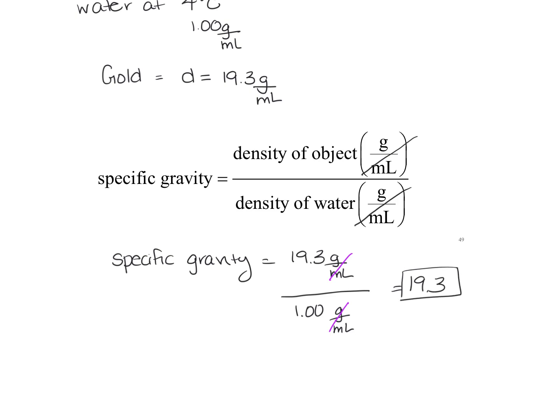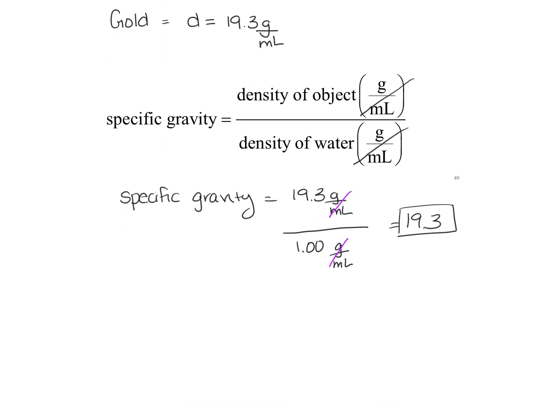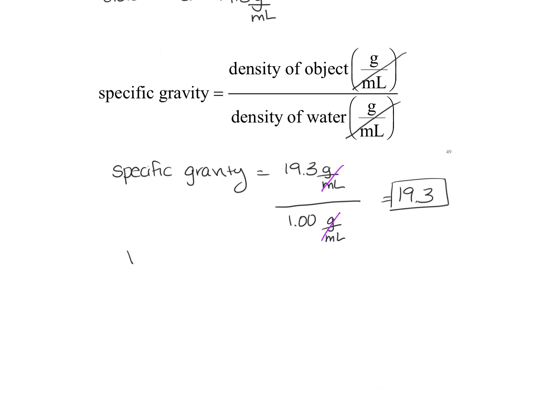Now, why do we talk about this? Why is this valuable? One of the things that you will see is that this is used in the health industry. When I go for my yearly checkup and they run all of my numbers, the numbers I'm given are a lot of times in specific gravity.